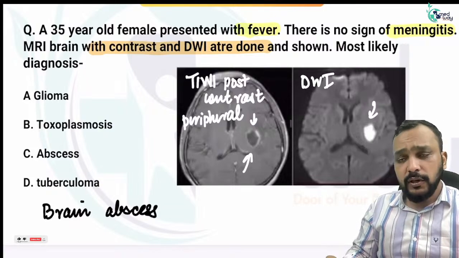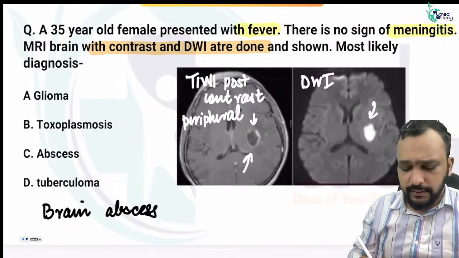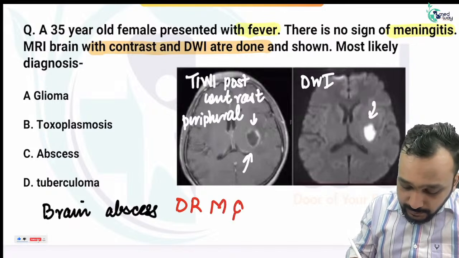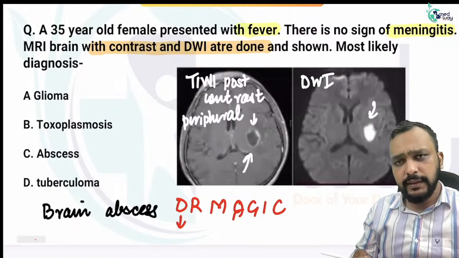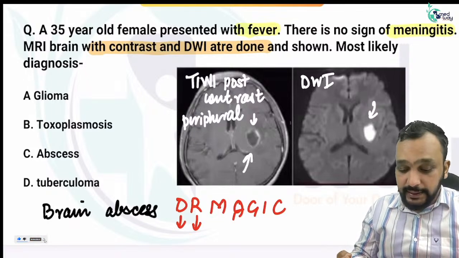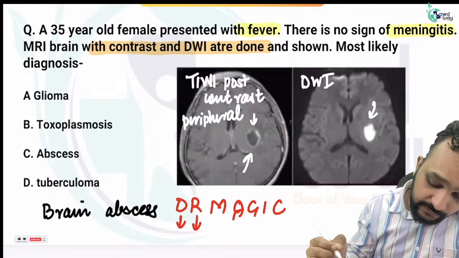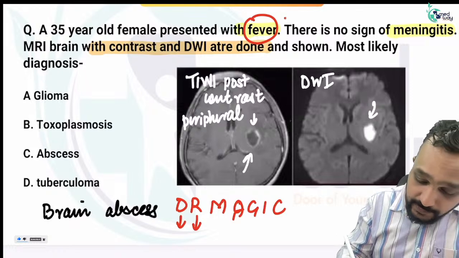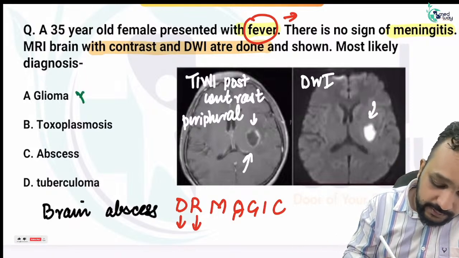If I talk about ring enhancing lesions, they can be remembered with a simple mnemonic, that is Dr. Magic, where D stands for demyelinating disease and R stands for radiation necrosis. Here we have been given a history of fever, which means it is an infective condition, so glioma is ruled out.